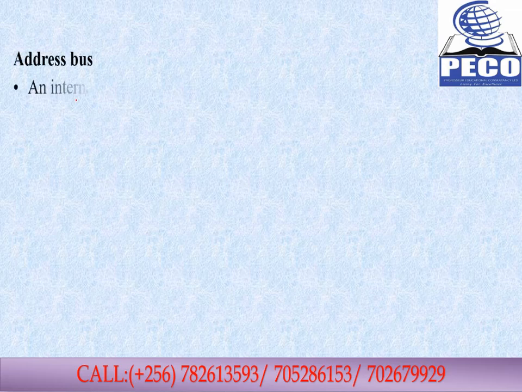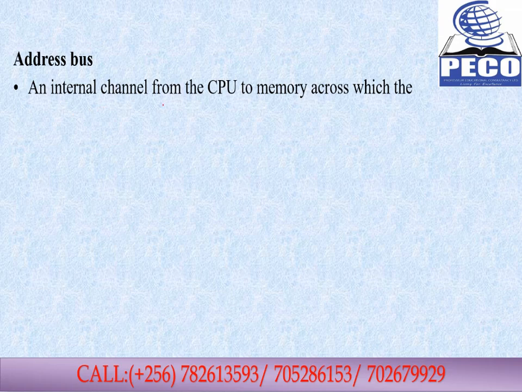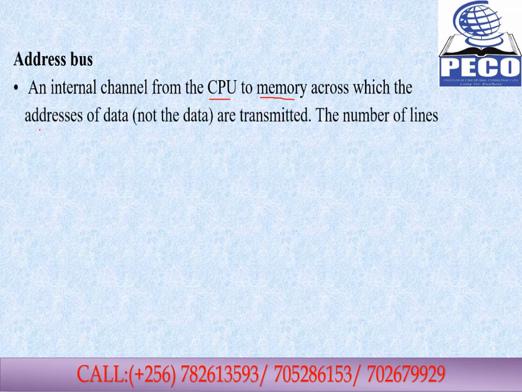So address bus is an internal channel from the CPU to memory, across which the addresses of data, not the data, but the address of data, are sent. Now, you should know that when these data items are stored within the computer, the locations in which they are stored are addressed.